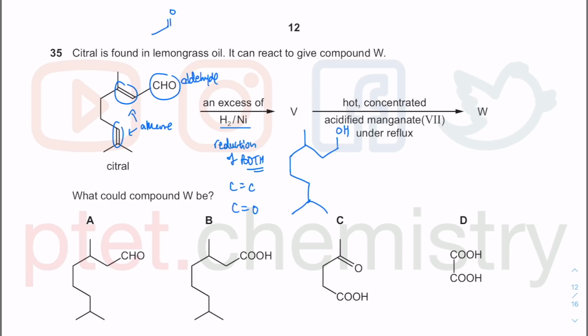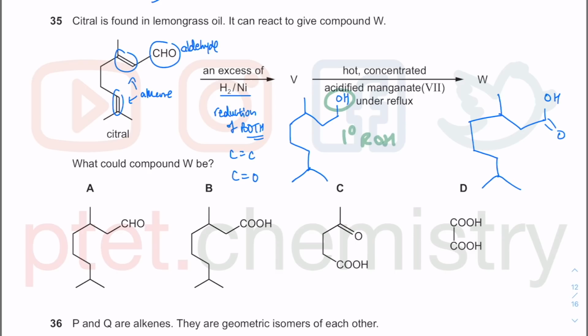and like that. Now if you have hot concentrated acidified KMnO4, you're going to oxidize the primary alcohol. Carbon with the OH is bonded to one other carbon. You're going to oxidize it all the way to carboxylic acid. So you lose both the hydrogens there, and then you just become carboxylic acid. So the compound will be a carboxylic acid.